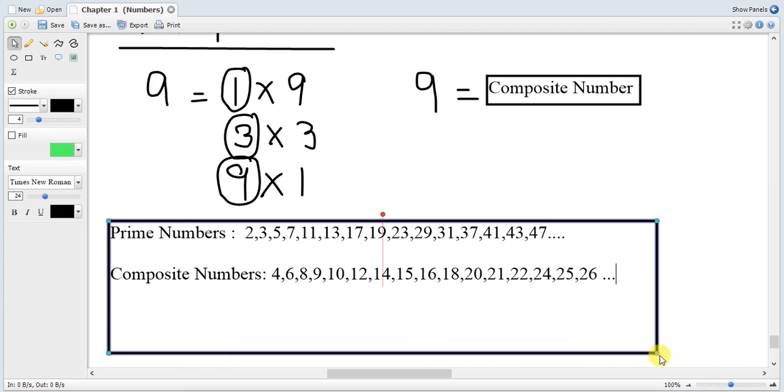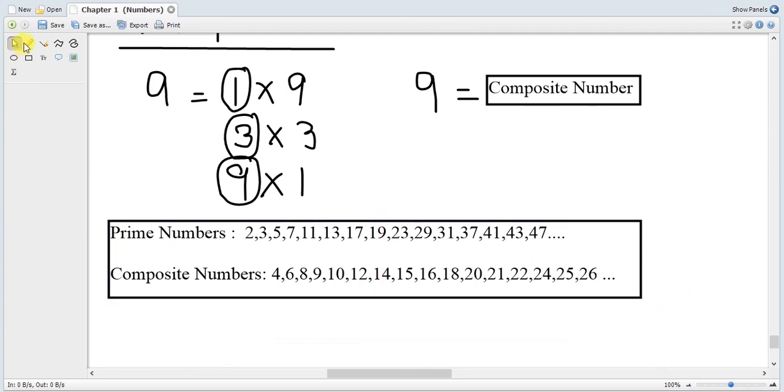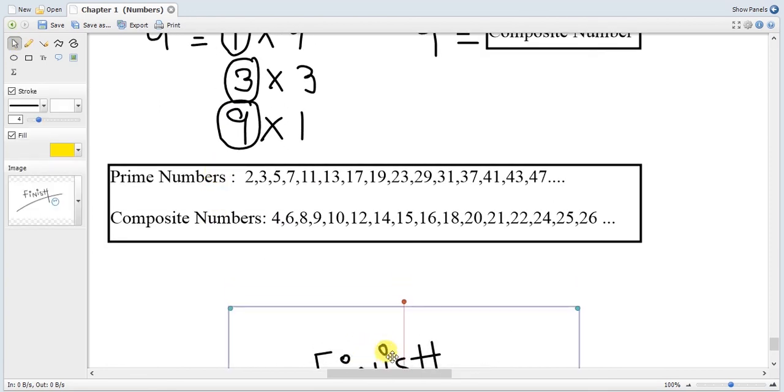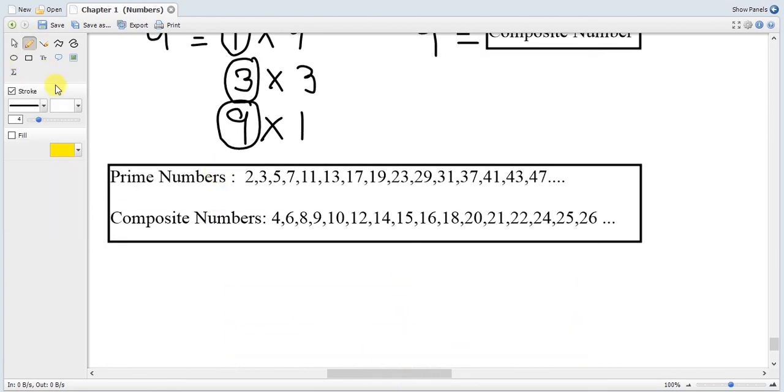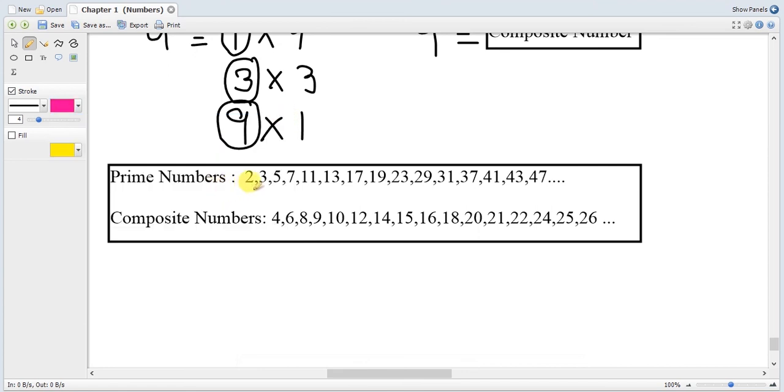Now here one thing, I don't know if you have noticed: what about the number 1? See, prime numbers started with number 2, and composite numbers started with number 4.